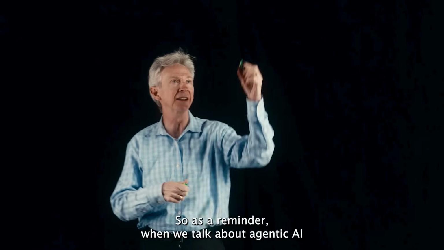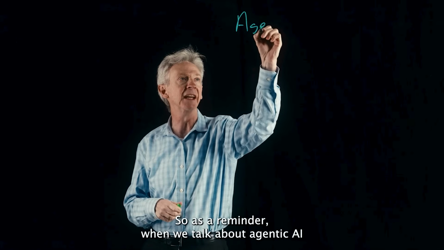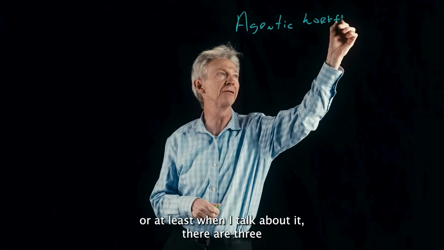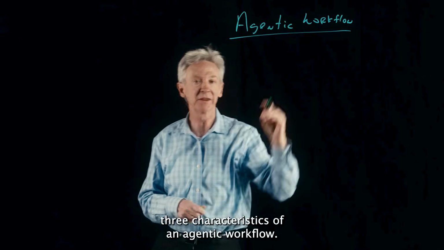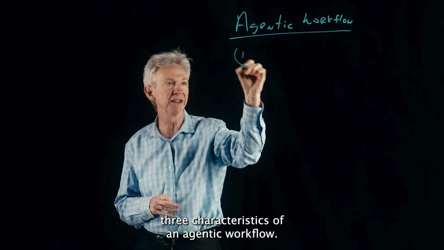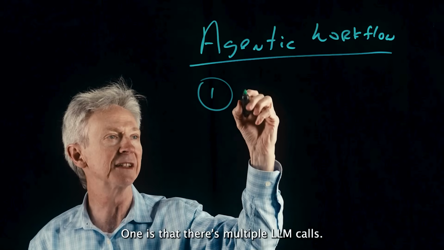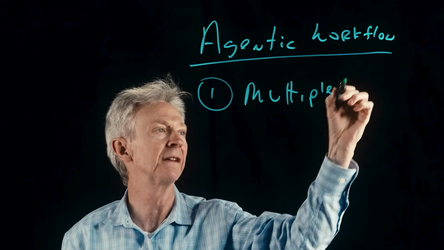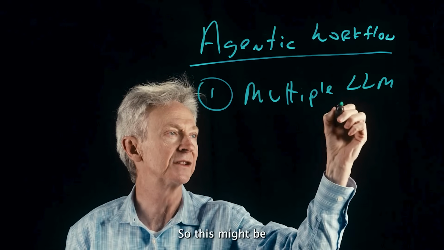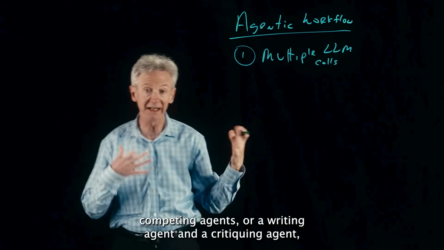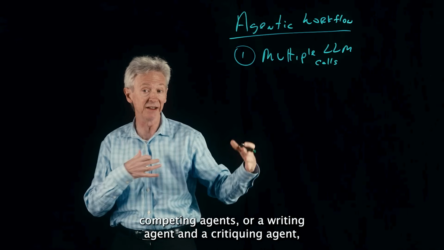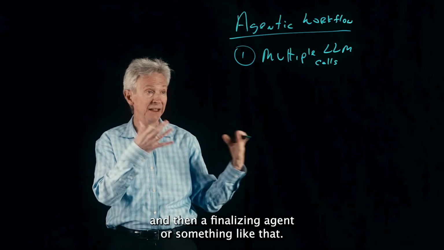So as a reminder, when we talk about agentic AI, or at least when I talk about it, there are three characteristics of an agentic workflow. One is that there's multiple LLM calls. So this might be competing agents, or a writing agent and a critiquing agent and then a finalizing agent or something like that.